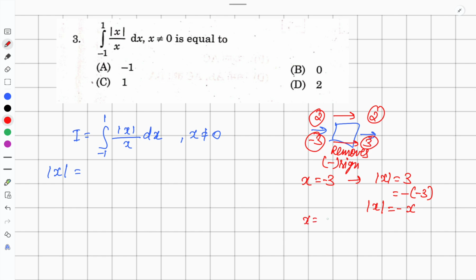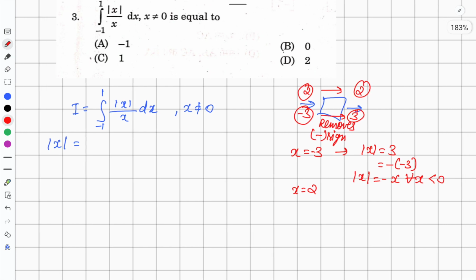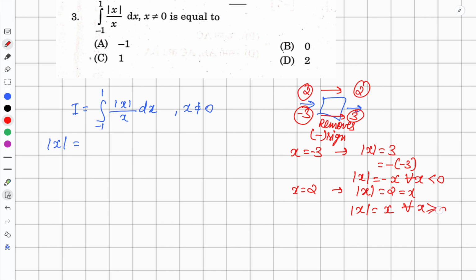This holds for all values of x less than 0, right? But if x is positive, say 2, mod x is 2, which is equal to x. So we can say mod x is equal to x for all values of x greater than or equal to 0.